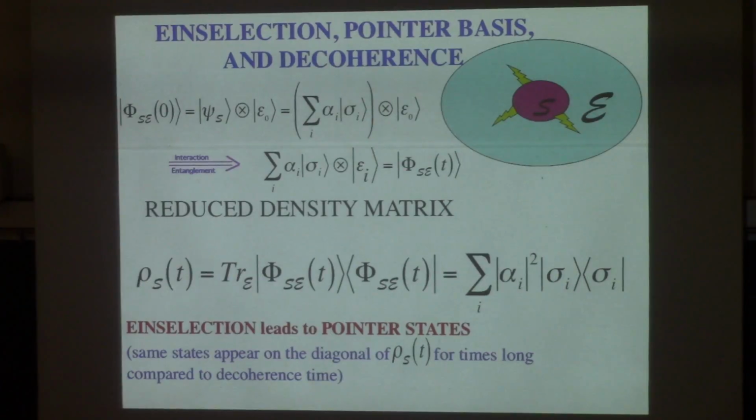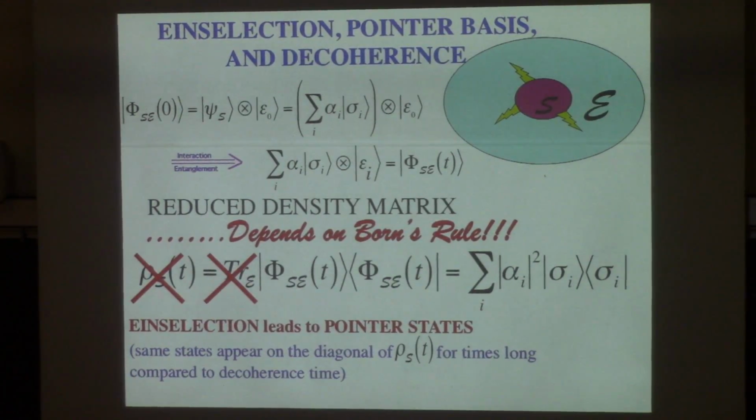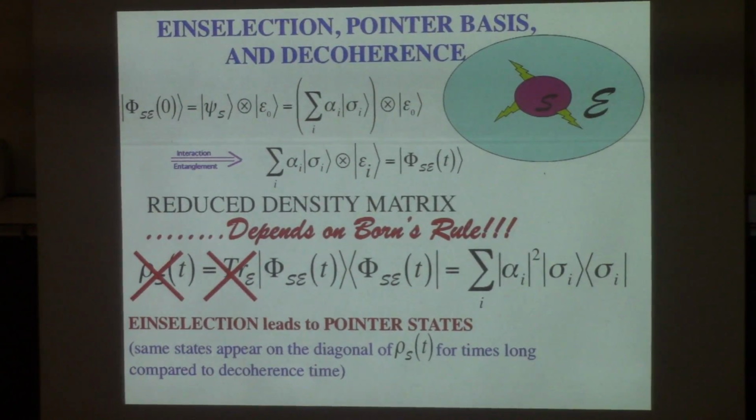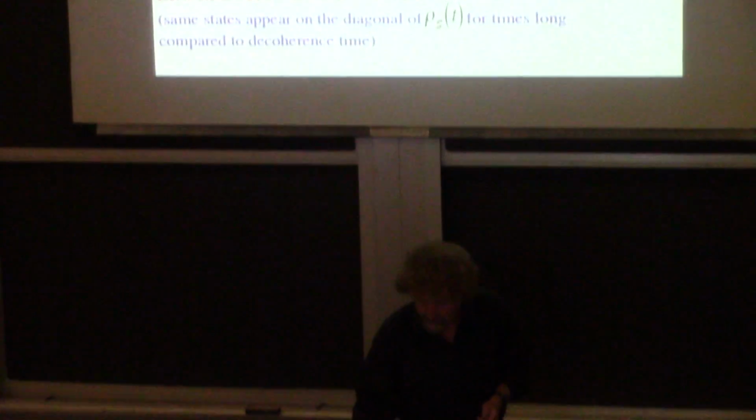Decoherence, and I'm not going to go through all of this again, depends on Born's rule. The moment you trace, you average. Averaging involves Born's rule. So we cannot use Born's rule if we want to do things in a way which would really explain how the postulates which are controversial, which have to do with measurements, come about.